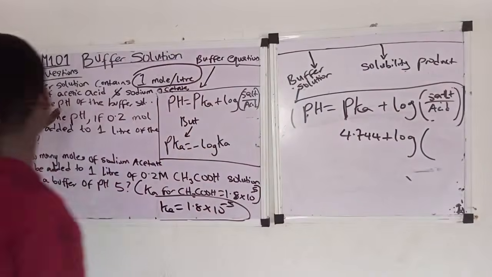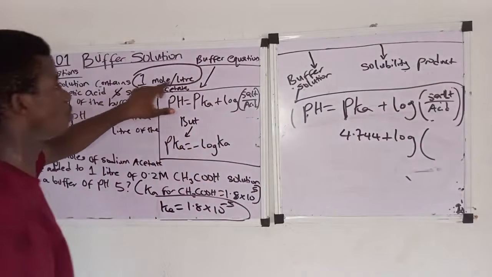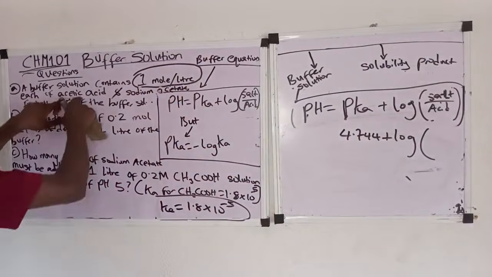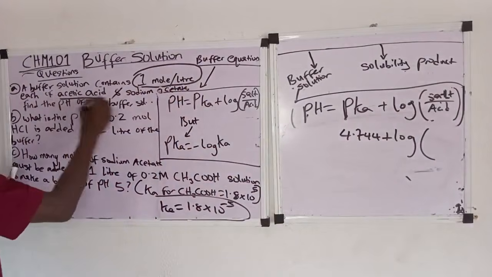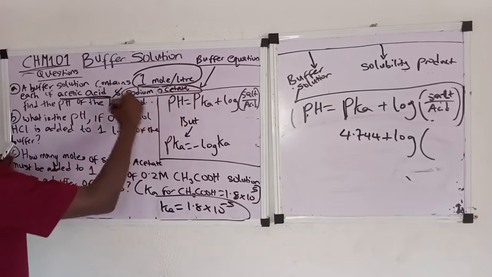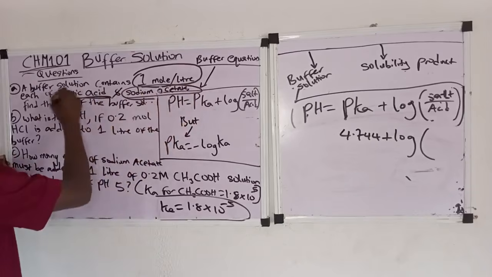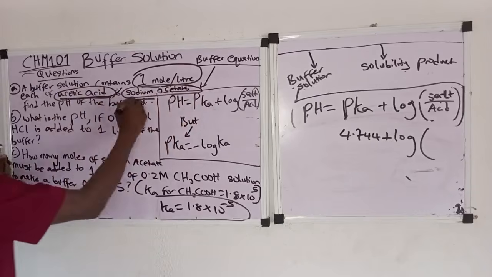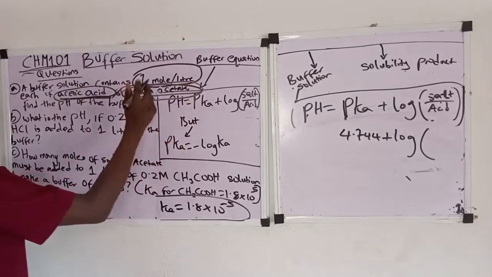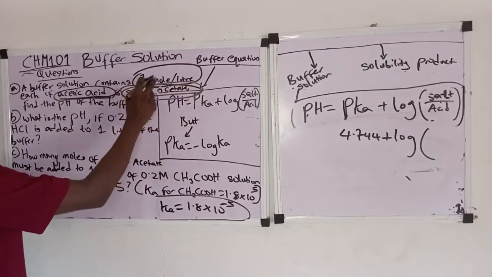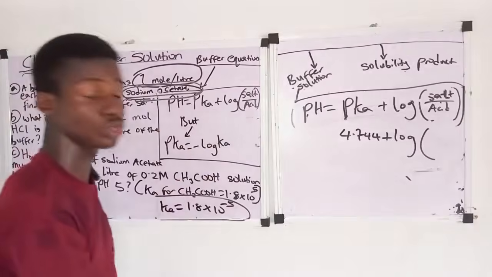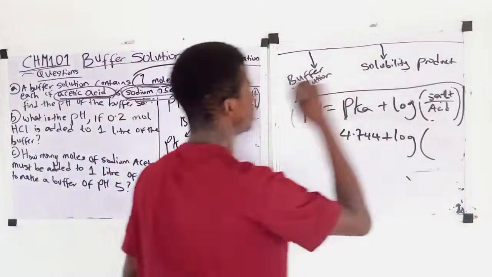If you look at the question, it said the buffer solution contains 1 mole per liter each of this, the acid, and this, the salt. So I'm using mole. What is the mole of the salt?